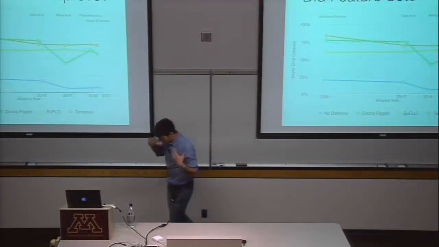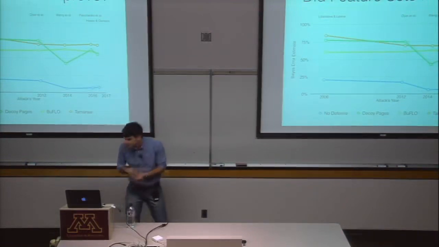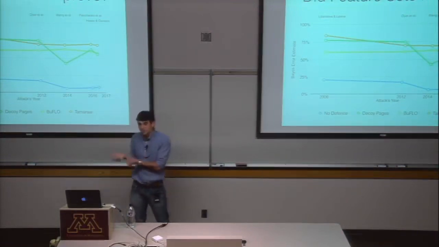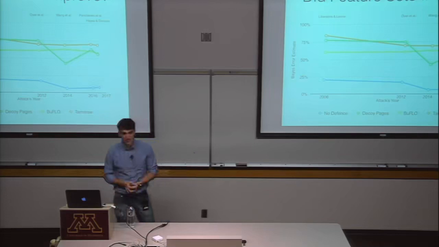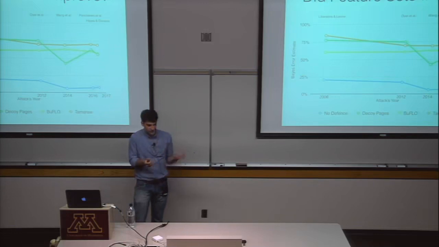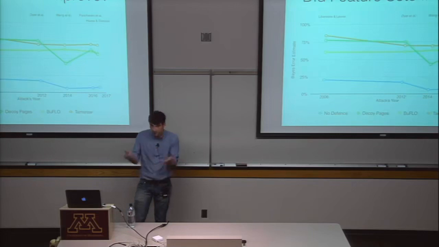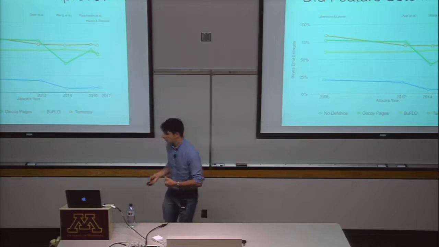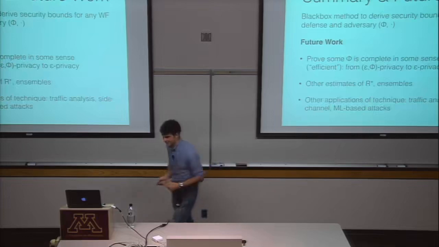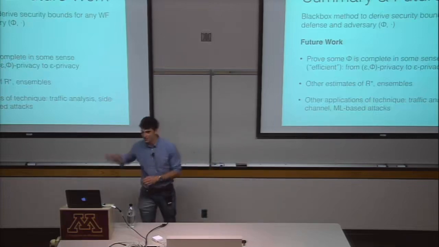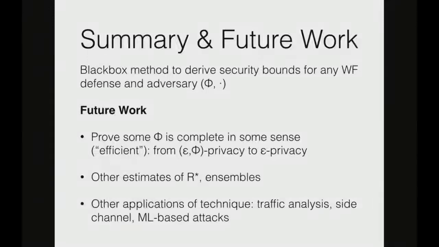And this sort of leads us to think that actually improving features is very hard, which sort of justifies a privacy metric depending on features, and also leads us to think that maybe improving features is the next big direction in website fingerprinting. So to conclude, I propose this black box method to evaluate the security of any website fingerprinting defense with respect to a set of features.